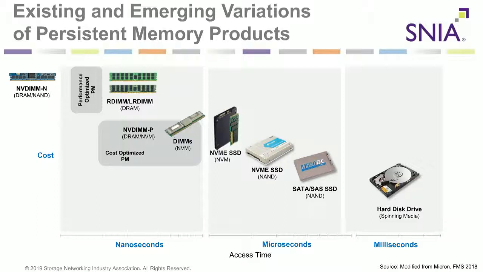What we're depicting here is that the access time is getting lower, but the cost is going up, meaning for the hard drive, the access time is somewhere in the milliseconds, for the SSD microseconds, but the cost is not that high relative to the persistent memory products. NVDIMM-N and NVDIMM-P that is coming out in the future, and other persistent memory technologies I'm talking about, are going to be a little more expensive compared to our traditional SSDs and hard drives.